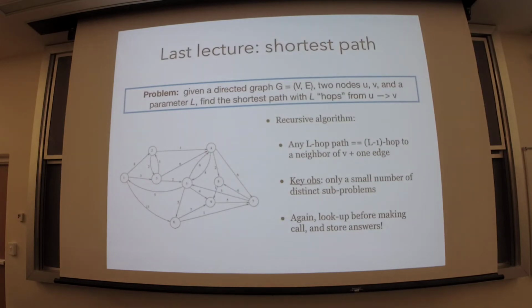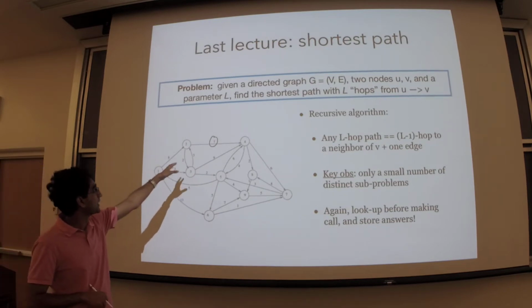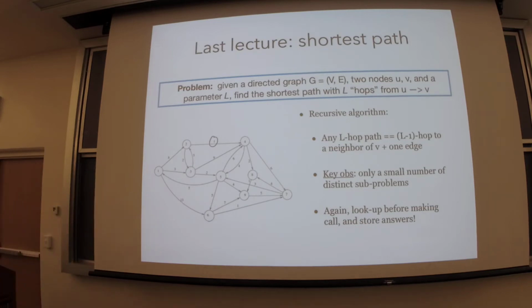Okay, and the second example we saw last time, somewhat towards the end, was this example of finding a shortest path in a directed graph. The problem there was you're given some directed graph, each edge has some length, which go on top of the edge. And now you're given some start vertex and some end vertex.